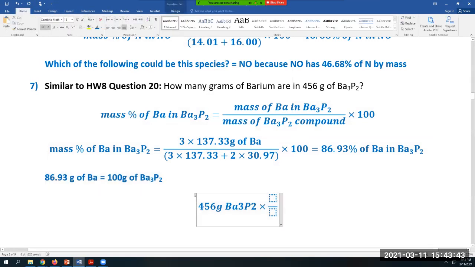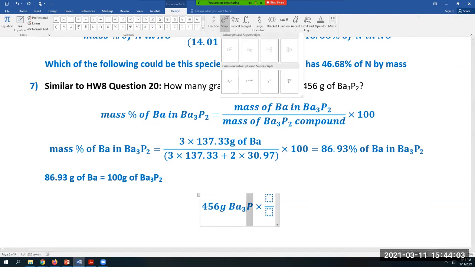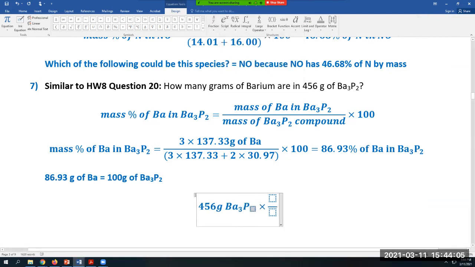And because we have grams of Ba3P2 in the numerator here, we want grams of Ba3P2 on the denominator. Let me just format this properly. It's going to be a 3 here, and that's P2 here. So we want to cancel grams of Ba3P2. So we want that on the bottom.